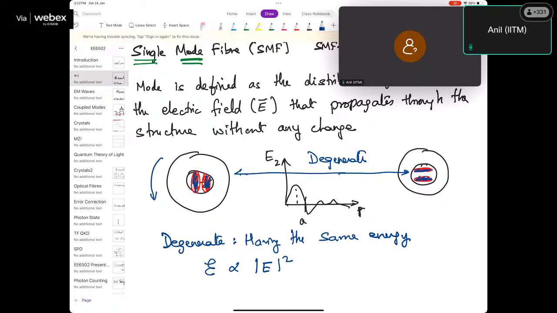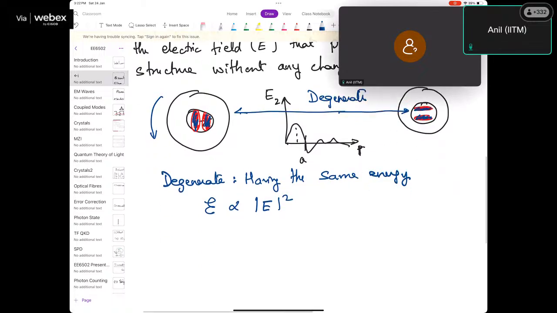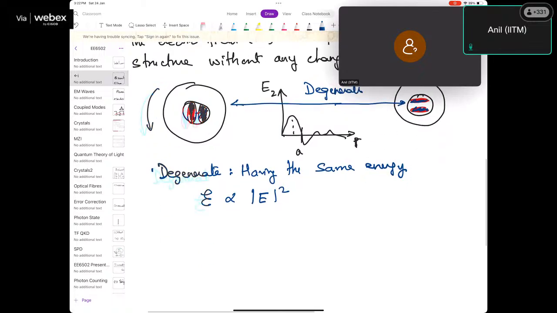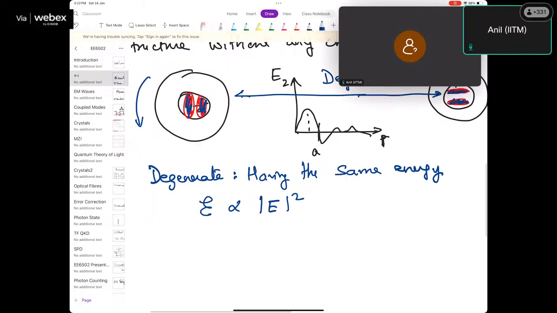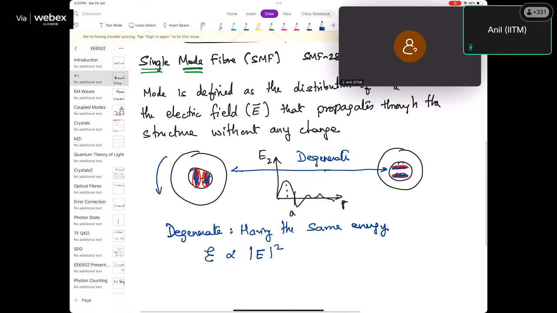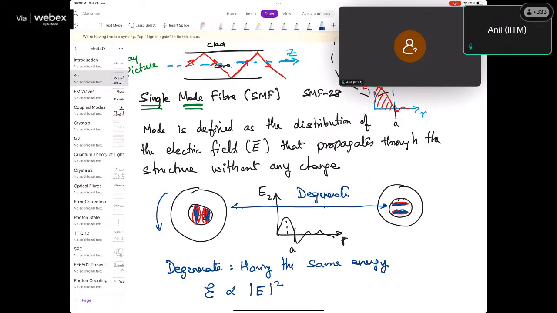But understanding the fact that there are modes and that we are working primarily with what is called single mode fiber is important. Does it mean that a single mode fiber will never have these higher order modes? The answer is yes. However, remember the mode is defined as a distribution of the electric field that propagates through the structure without any change.